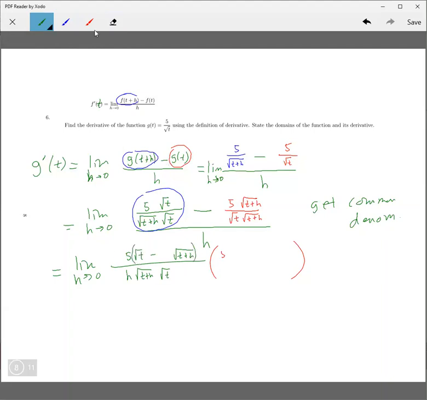Factor 5 out. Now what I'm going to do is multiply by the square root of t plus the square root of t plus h over itself.